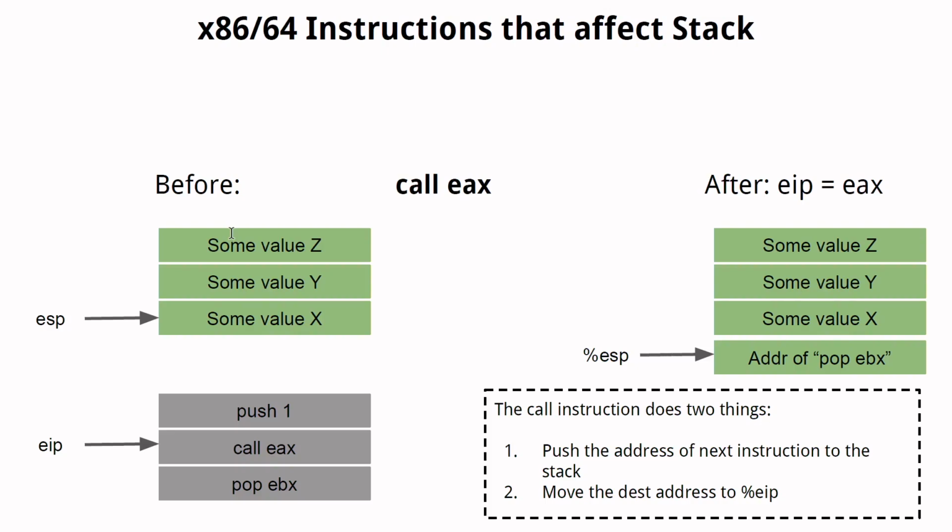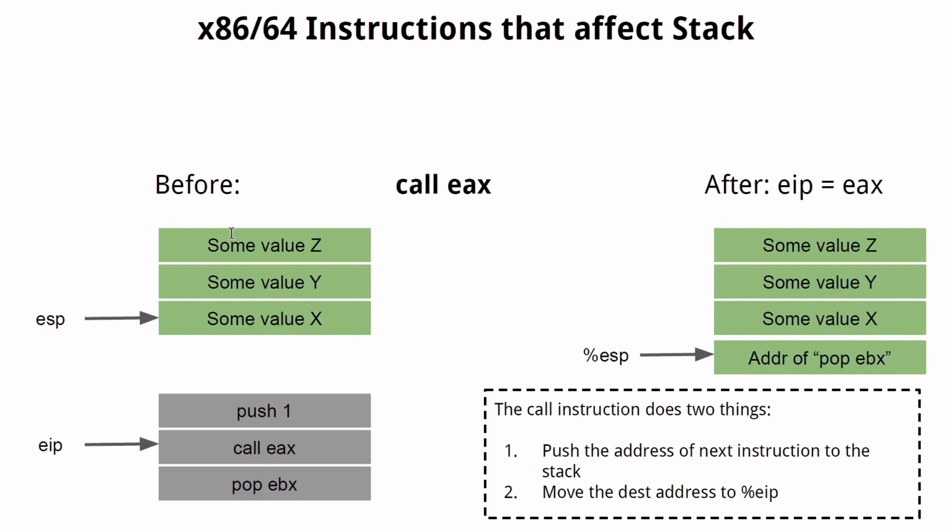So the call instruction does two things. It first pushes the address of the next instruction to the stack. So what is the next instruction? Yes, the next instruction is actually pop EBX.